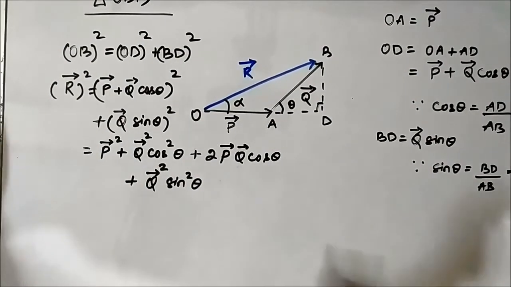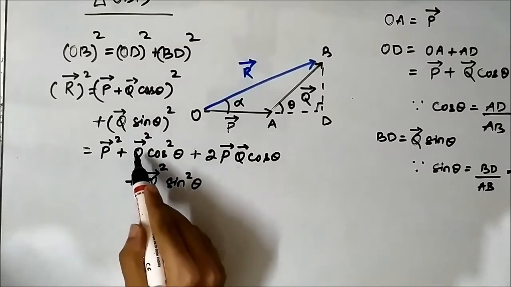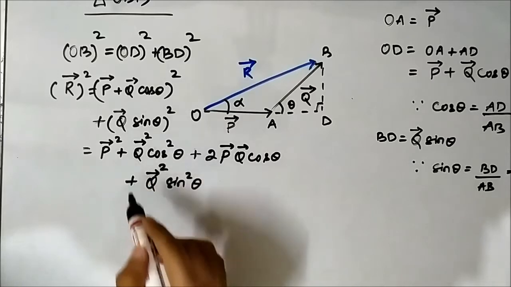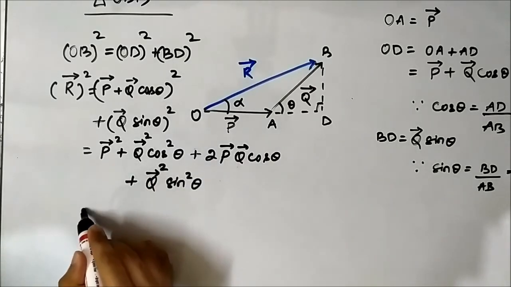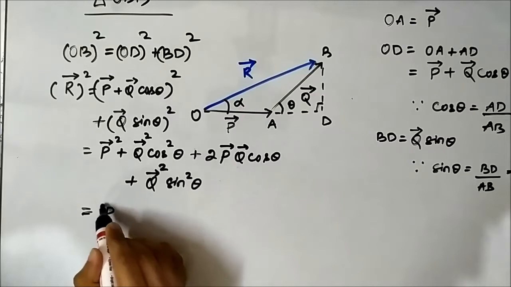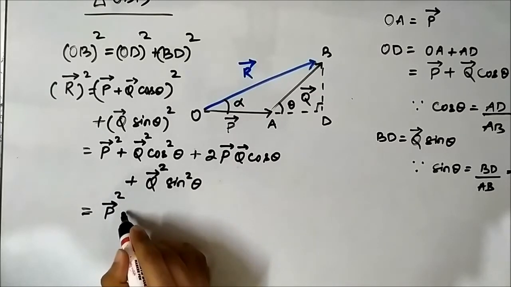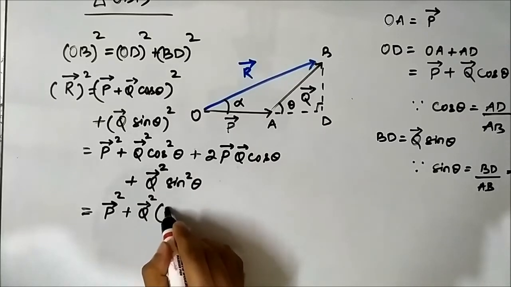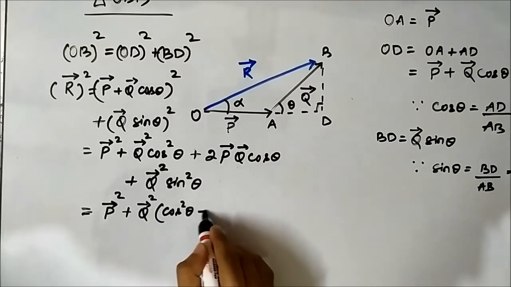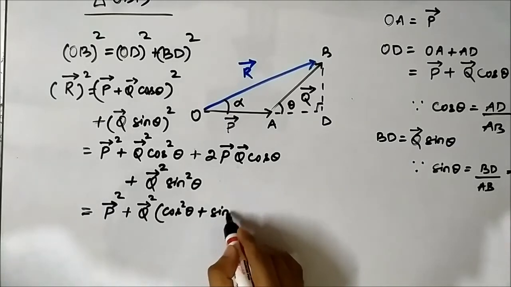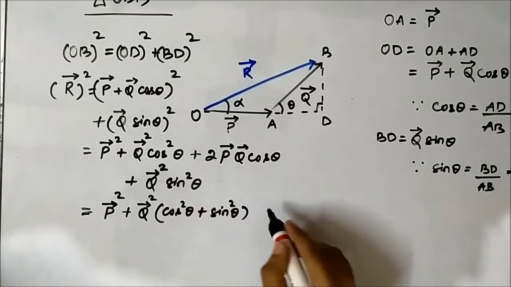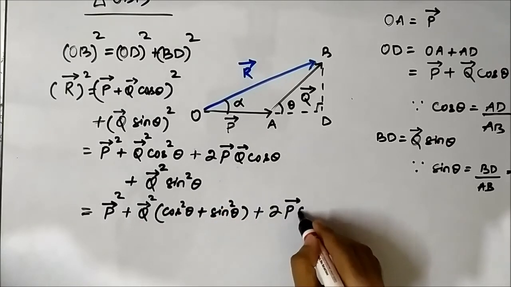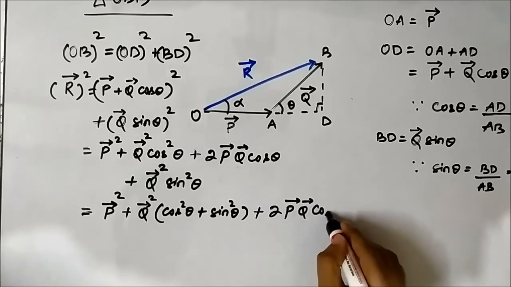Next, we take Q vector square common: P vector square plus Q vector square (cos square theta plus sin square theta) plus 2 P vector Q vector cos theta.